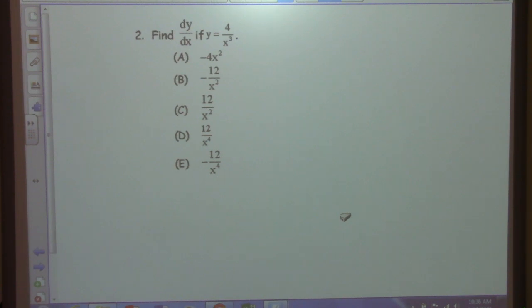In fact, just with elimination, that should be pretty easy without even putting a pencil to it. Because if you have 4x to the negative 3 power and take the first derivative of that, what is it going to be?